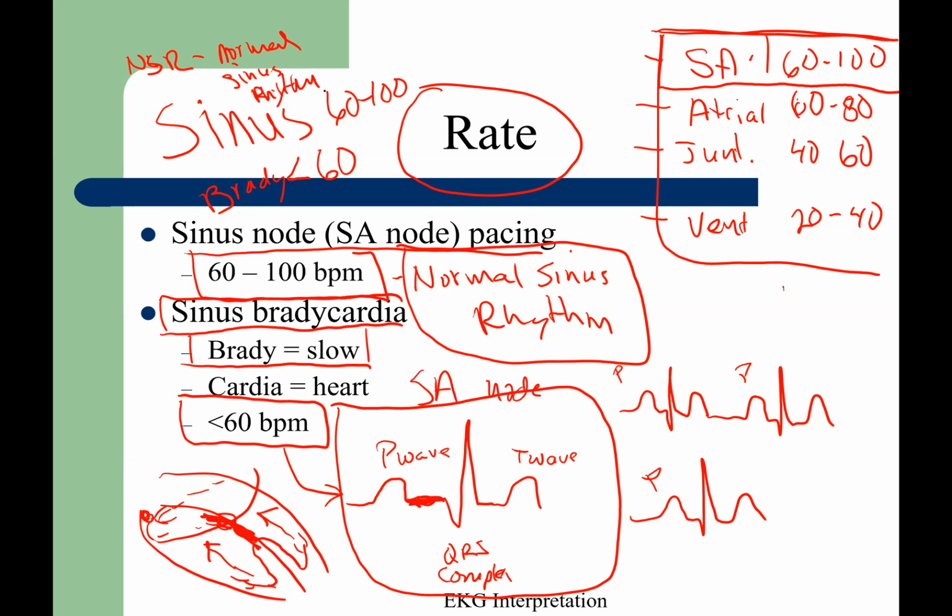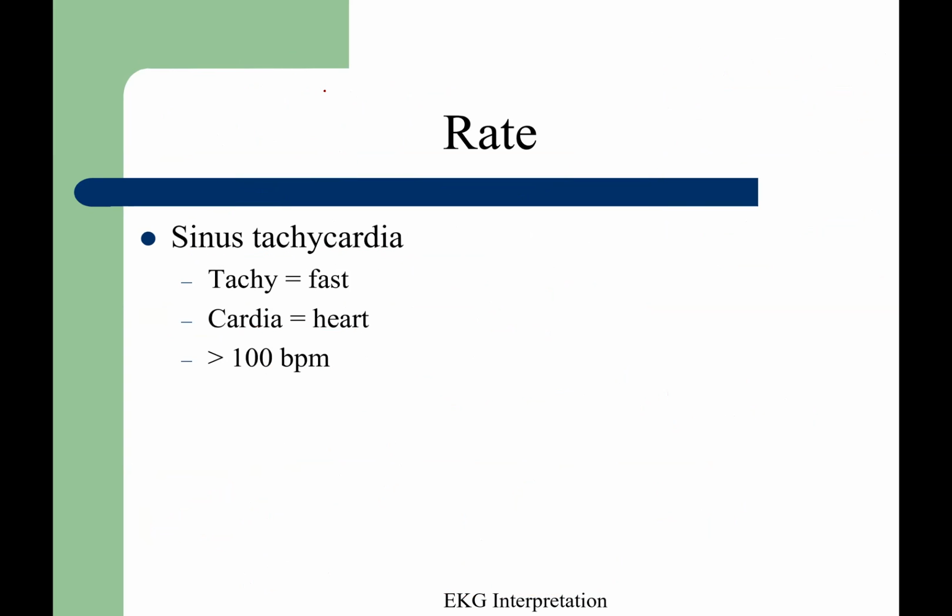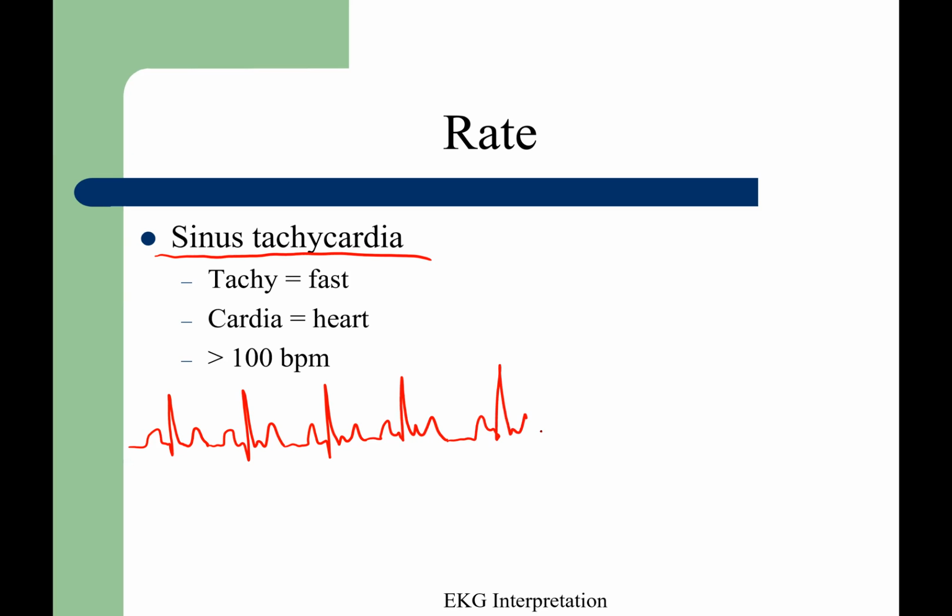Okay. So what happens if it goes faster than 100? Well, then we call it sinus tachycardia. Because I have a little bit more space here down below, let's draw a quick sinus tachycardia. Okay, so this is fast.